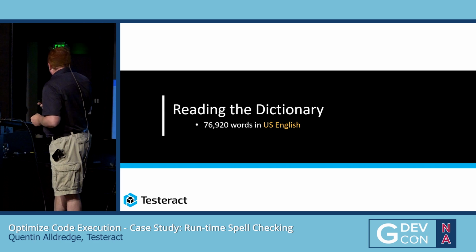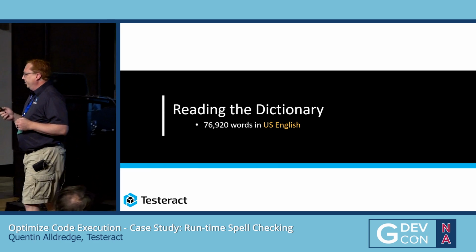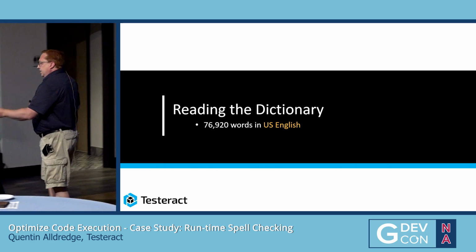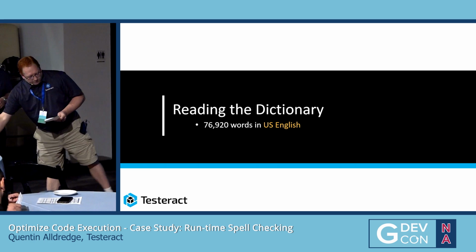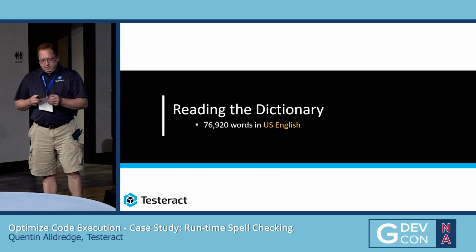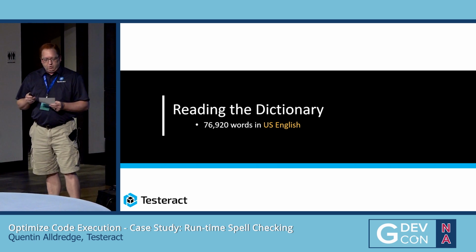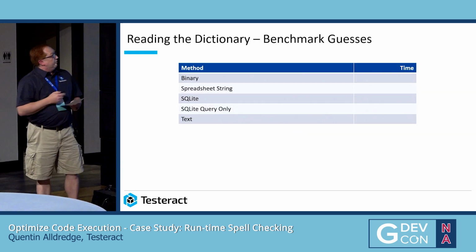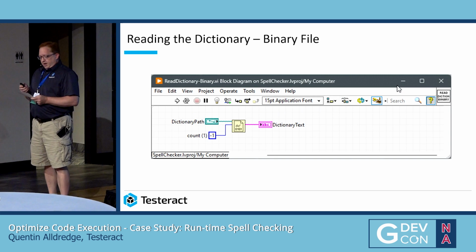Okay. So the first one, let's see, can I have one of those papers? It'll be easier for me to read off this. So for the first round, reading the dictionary. I have 5 different ones here, so rank them 1 through 5. But here's the first one, reading the text by binary.